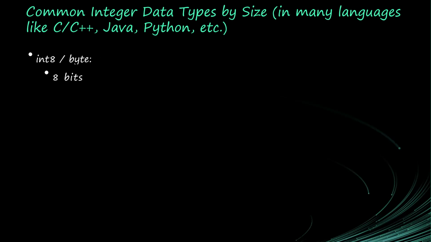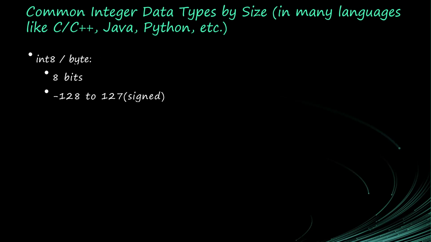Do you understand? So this type of integer uses 8 bits to represent data. When you have a number of bits, that number of bits can be used to represent 2 raised to the power of that number of values.